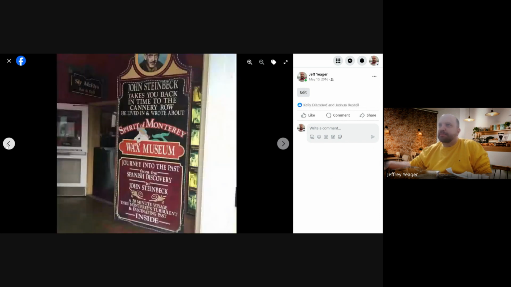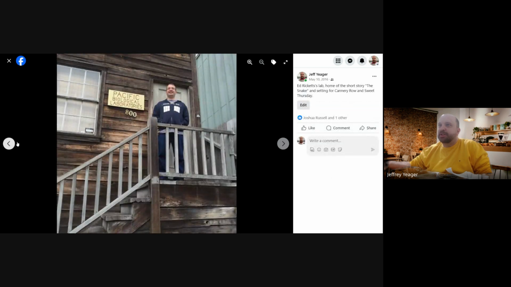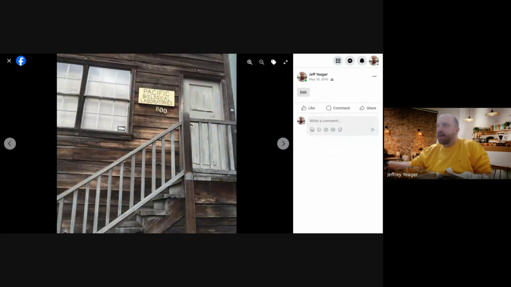This is a picture of Ed's lab, Pacific Biological Laboratories. So that's the lab that it keeps talking about. Just a really simple wooden building. I've actually never gotten to go inside the lab. It's only open during the weekends for tourists to see.